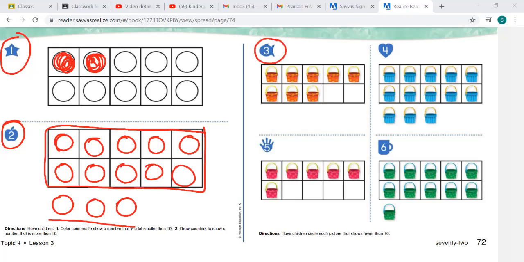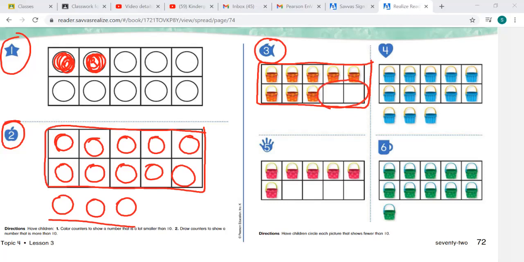Let's look at number 3. Circle each picture that shows fewer than 10. So you're going to circle each picture that shows fewer than 10. Look at this 10 frame. Is it filled up? No, we have empty boxes.